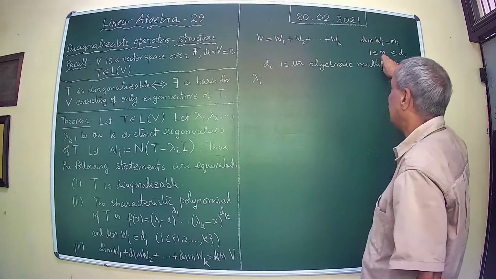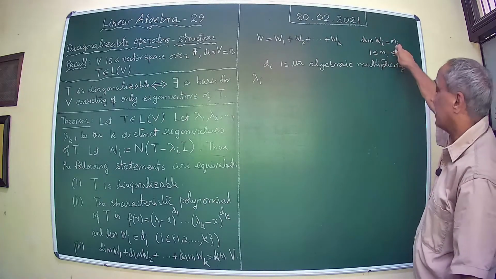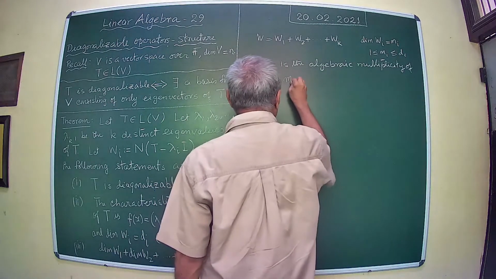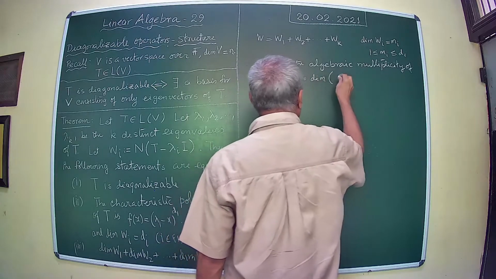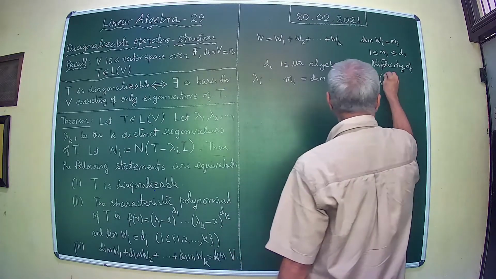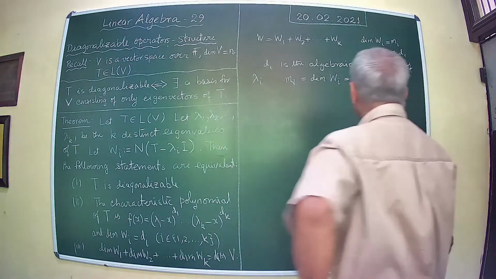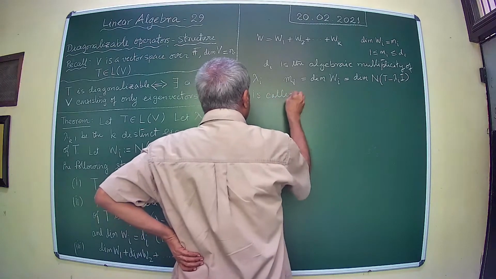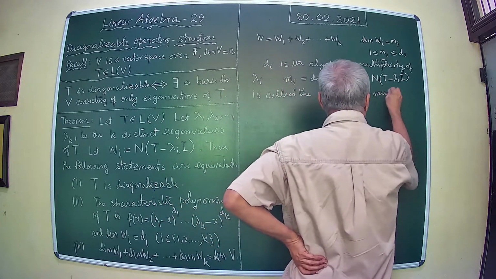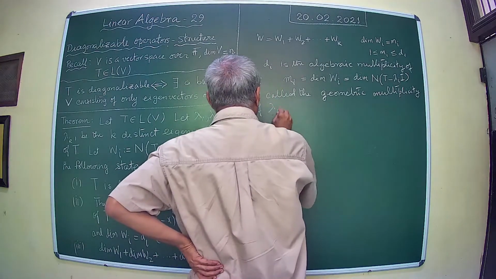That means the dimension of the null space of lambda i I minus T is mi, and it is called the geometric multiplicity of lambda i.